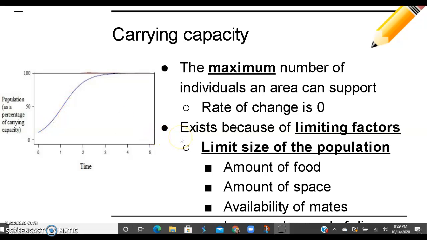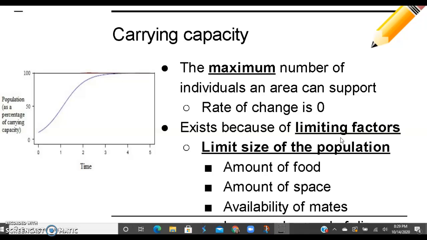The reason why there's such a thing as a carrying capacity is because of limiting factors. Limiting factors limit the size of the population, and these could be biotic or abiotic. Some of the things include the amount of food.